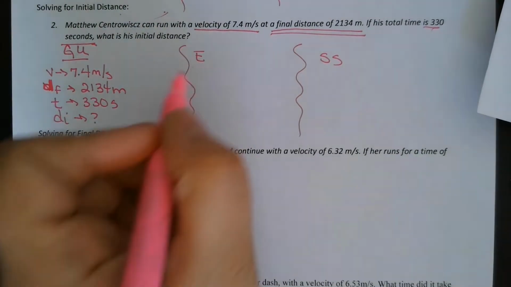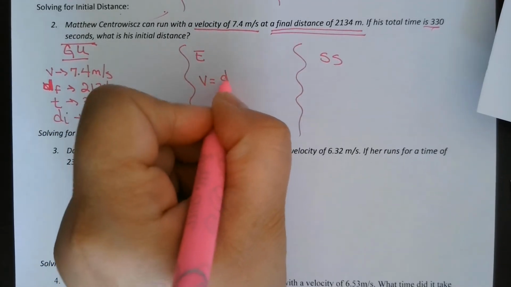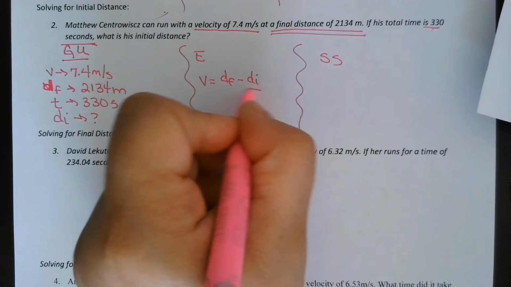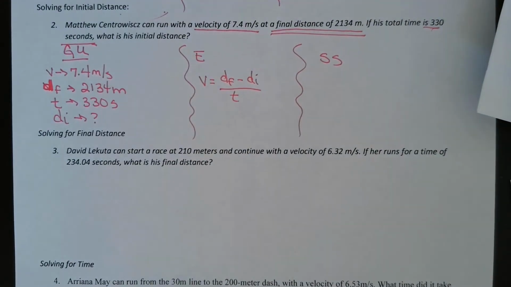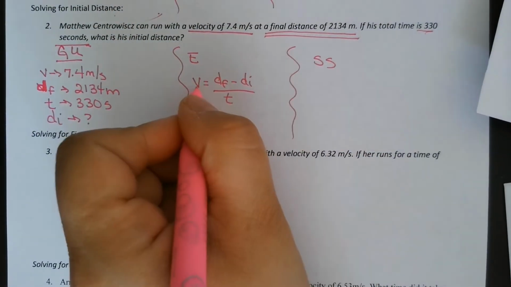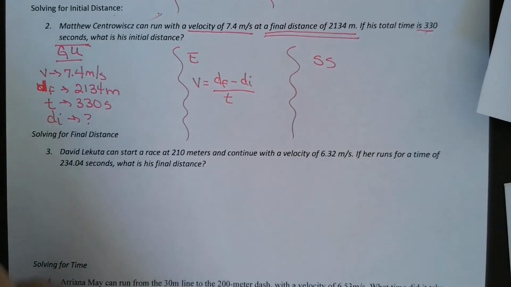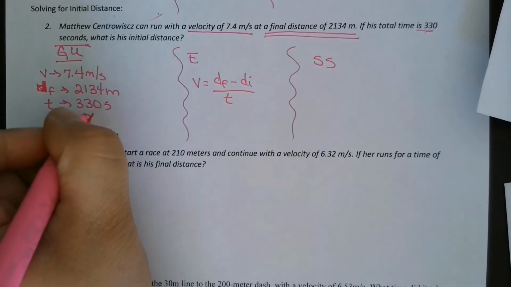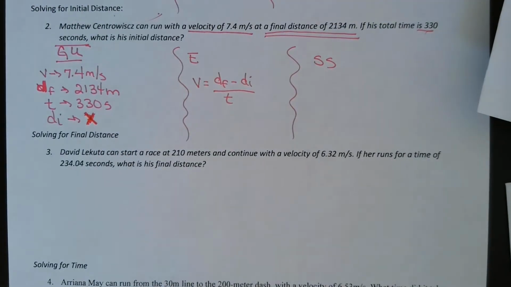Okay, so then I'm going to solve for DI. V equals DF minus DI all over time. And now that I know this equation, I'm going to substitute. So instead of a question mark, let's go back and put this as an X, because that's what we are looking for.